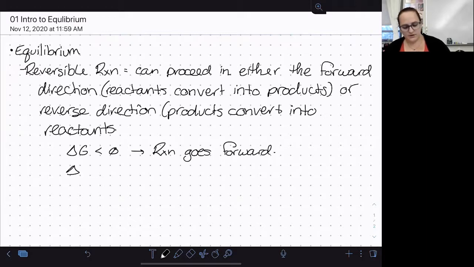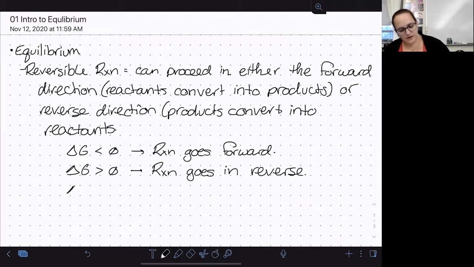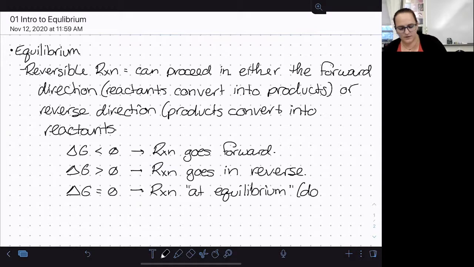When delta G was greater than 0, we said that was thermodynamically disfavored or non-spontaneous, and that means that our reaction goes in reverse. And then when delta G was equal to 0, we said our reaction was at equilibrium, which means that it doesn't go in either direction.